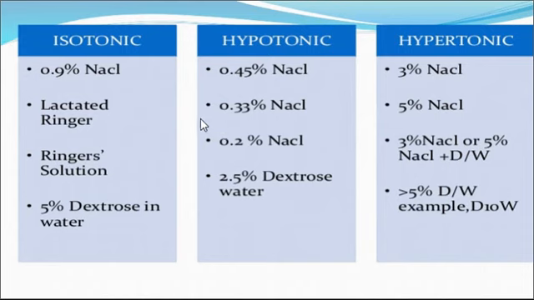And hypertonic solutions, like over here, cause the fluid to shift out of the cell, the intracellular fluid, into the vascular space. It's a rapid shift. It's given to treat specific problems.